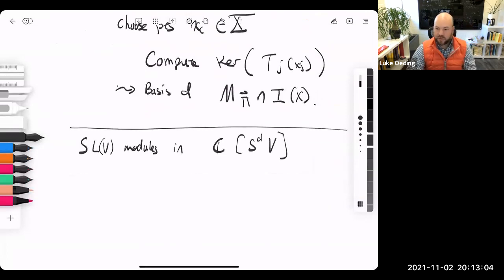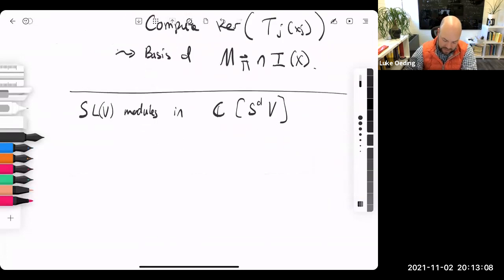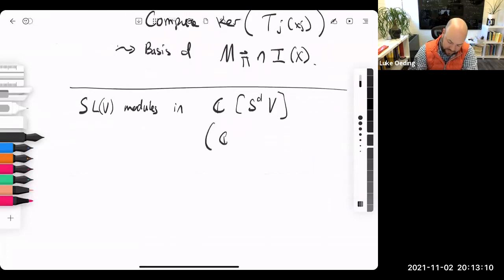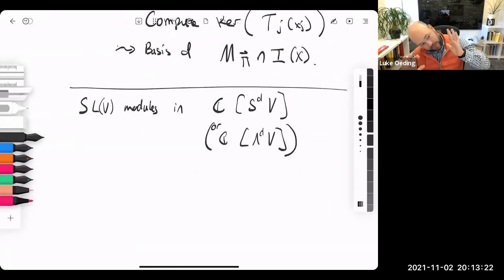The way I've set things up allows me to do this, and I won't have time for this, but I could also do the case of wedge D of V. Everything I'm going to say for this case, you could just transpose. Just turn your head sideways and you'll get the other example.